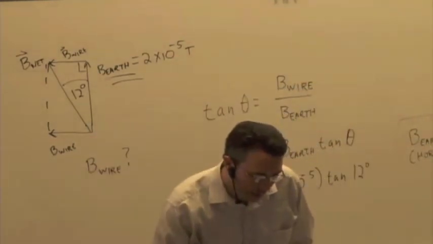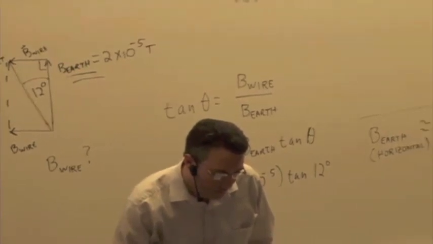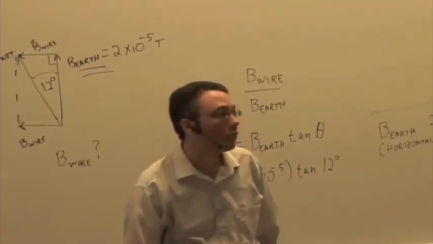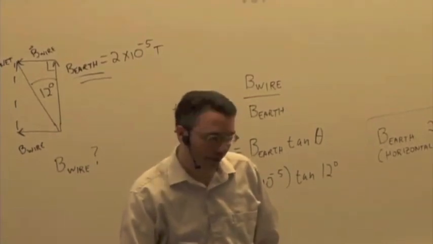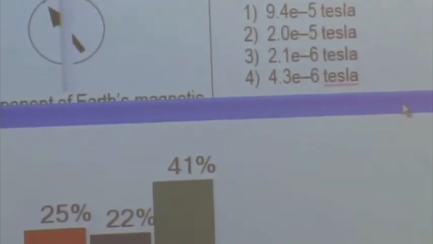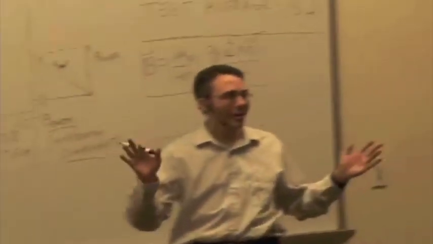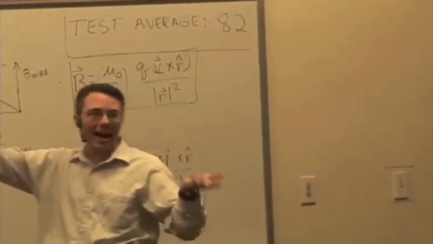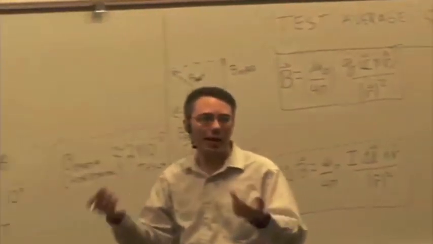Is it 4.3? What's it work out to be? Is it answer 4? Is it really answer 4? Yeah, okay, 4.3 times 10 to the minus 6. Okay? Everybody okay here? Questions? So this is useful, we have not only a magnetic field detector, we have a way to measure it.